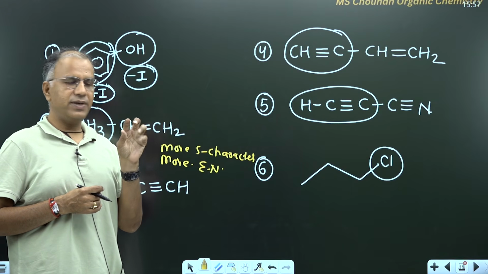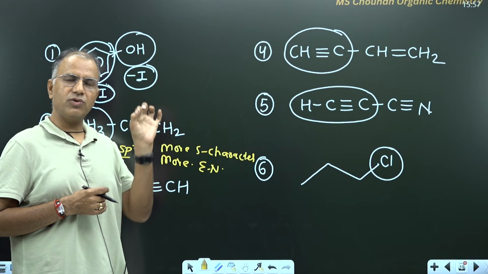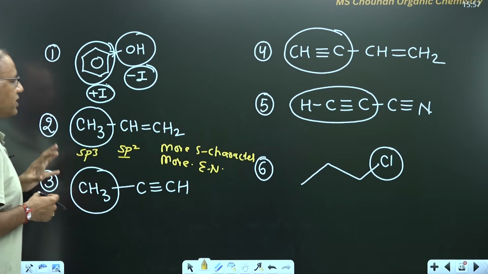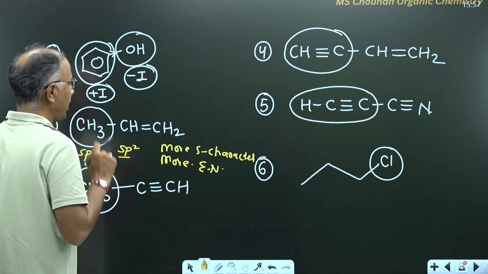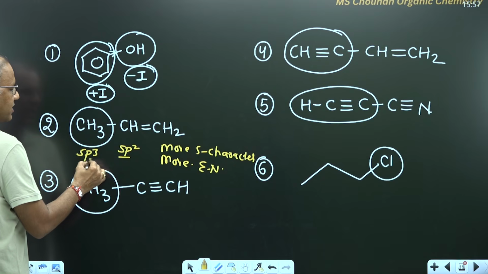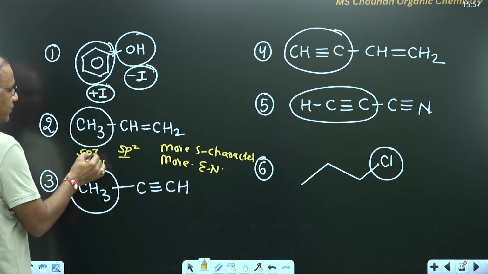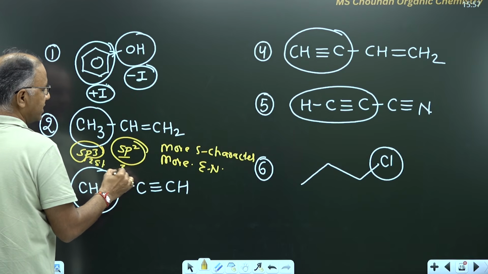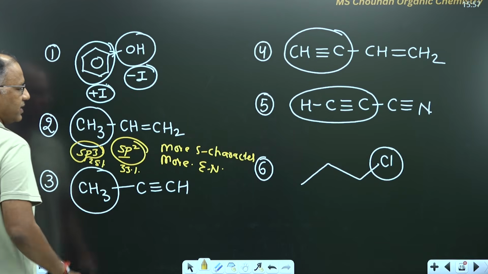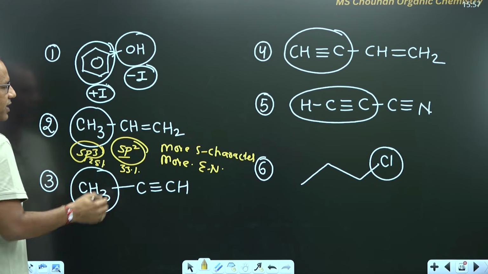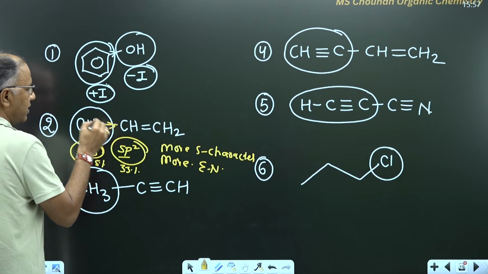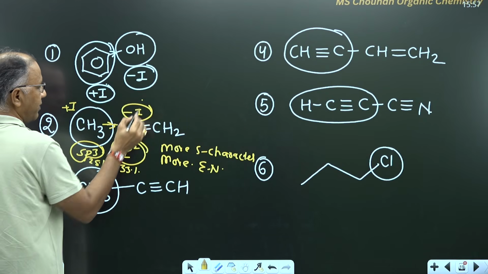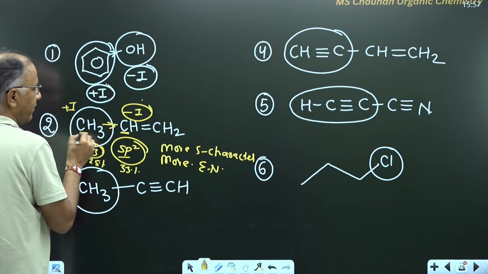More spherical character means nearer to the nucleus, and nearer to the nucleus means more electronegativity. So simply we can say that more S character, more spherical character, more electronegativity. In this case, S character is 25% and P character is 75%. Now in this case, S character is 33%. This means S character increases, electronegativity increases. This means this will show plus I and this alkene will show minus I, because it is the more electronegative element.